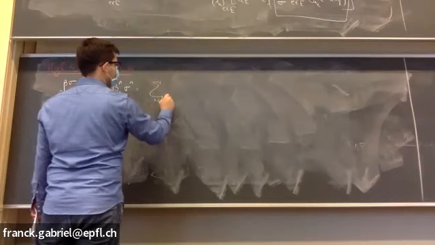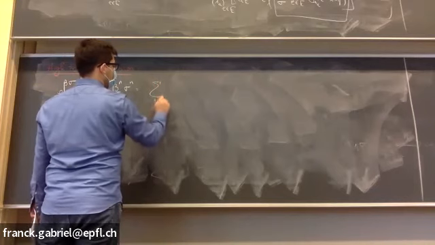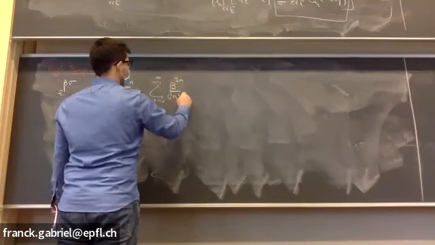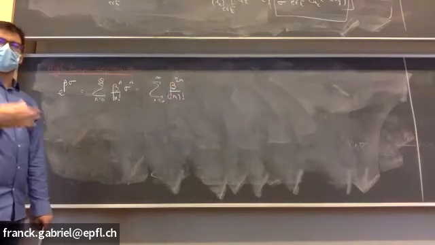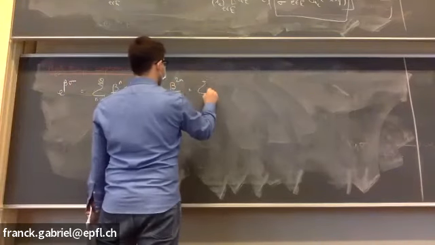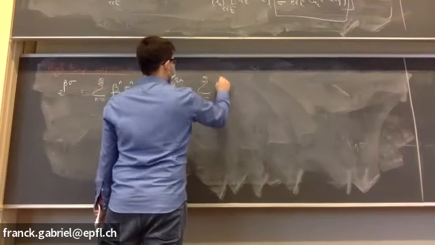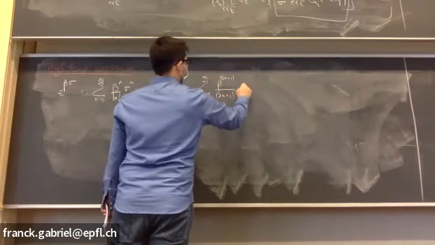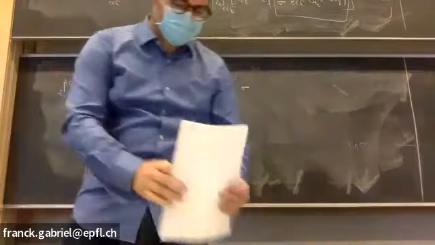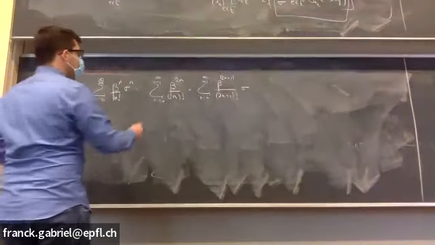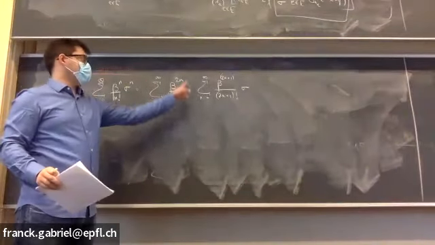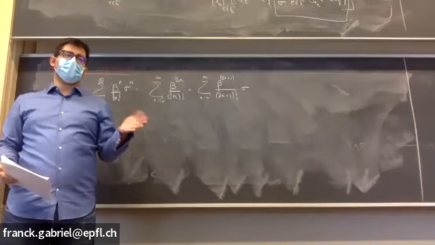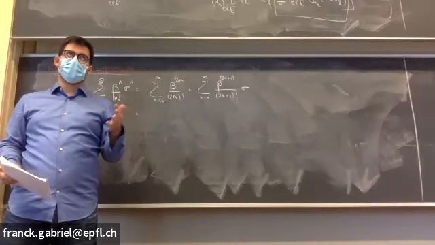So what I get is that in fact I can write that as the sum over n from 0 to infinity of beta to the power 2n over (2n) factorial. So I'm considering just the even part, plus the sum of beta to the power 2n plus 1 over (2n plus 1) factorial times sigma. Now, if I look at what that is, it's like the exponential, but I just kept the even part.